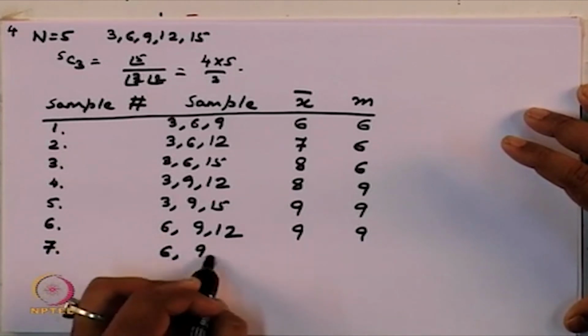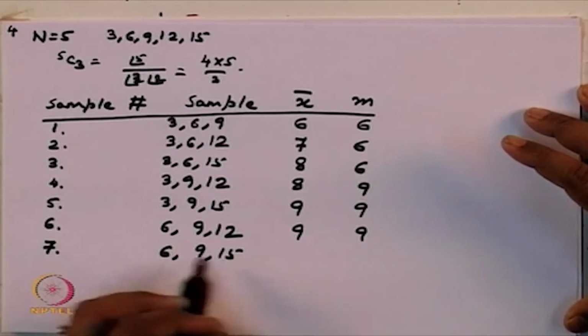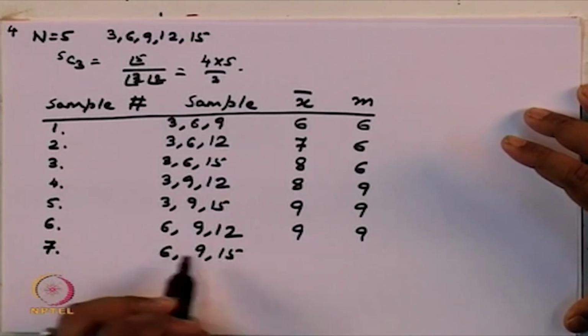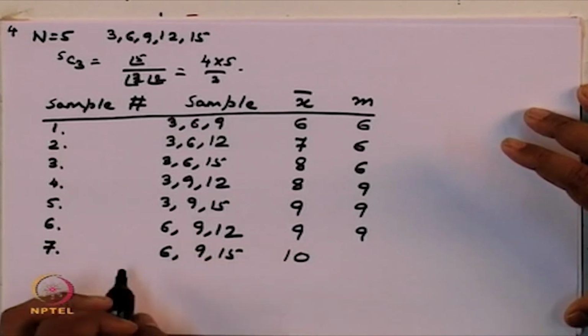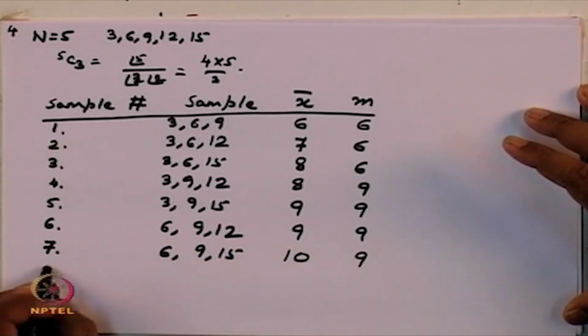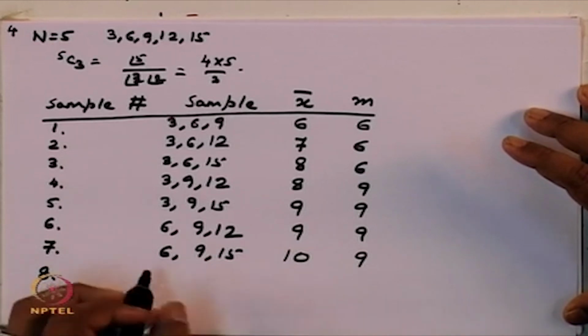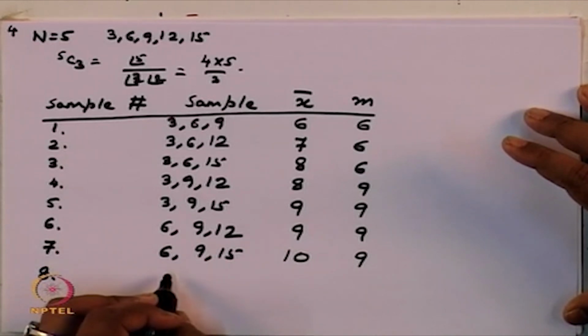Then 6, 9, 15; the sum is 30, so x bar is 10 and the median is 9.